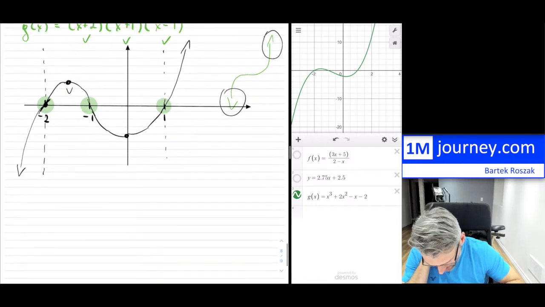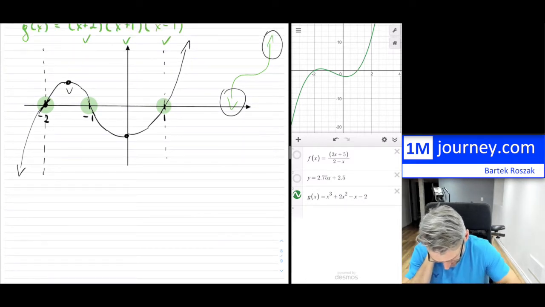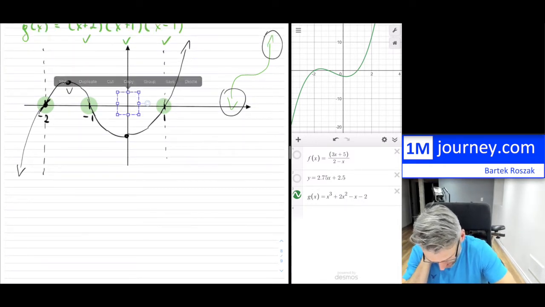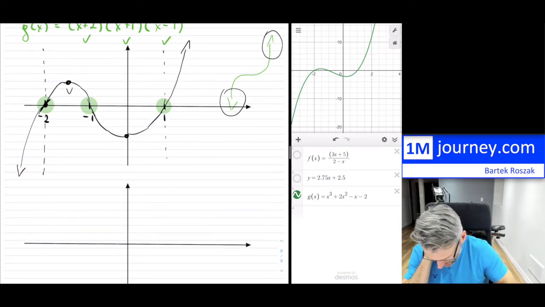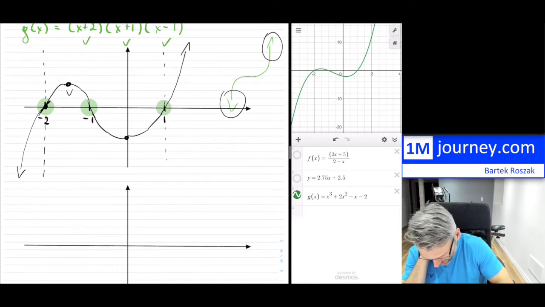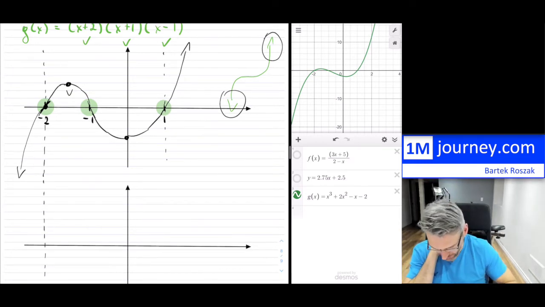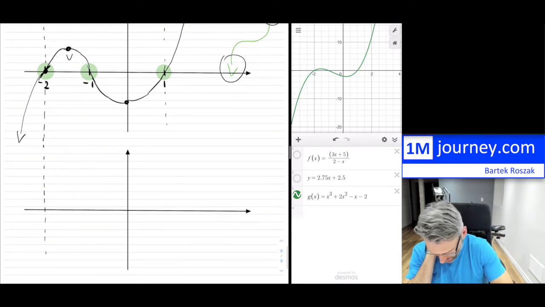So if I graph this again, I'm going to try to duplicate it, put it just underneath, all right? So these are our zeros. Remember that at these zeros, we had another one right here, so that's at the 1.